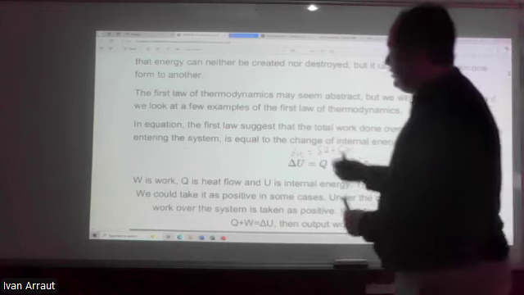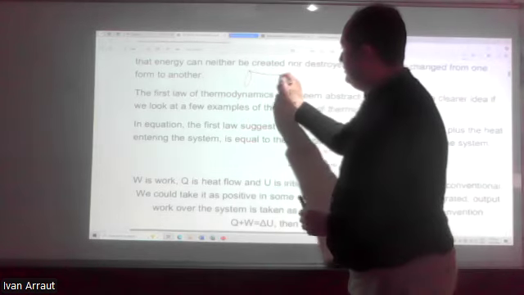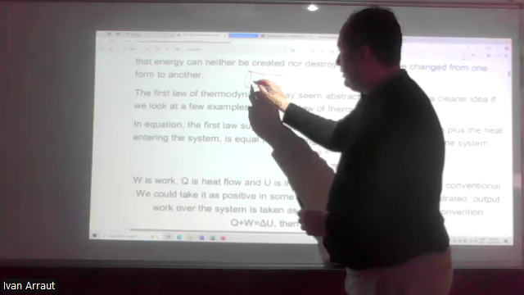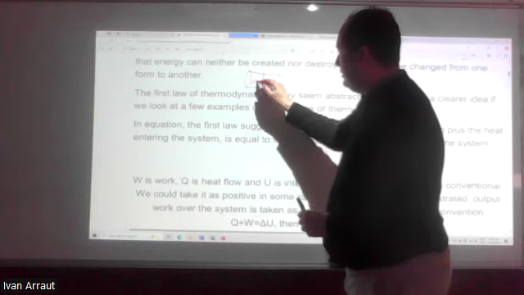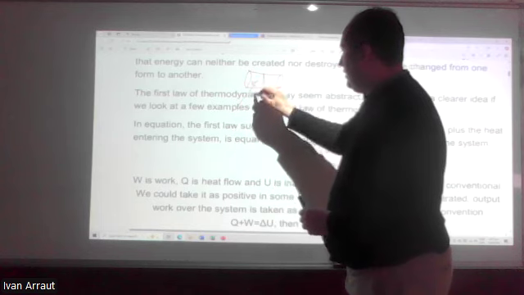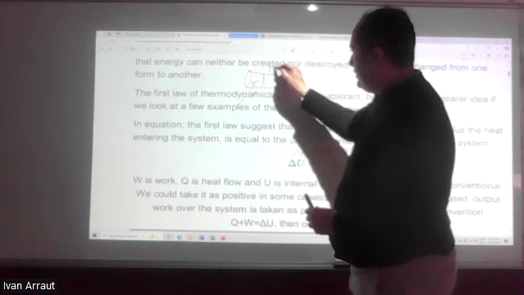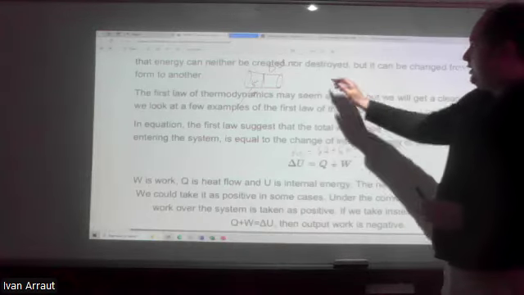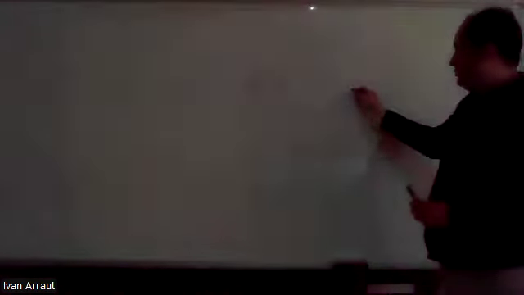If I have a piston here, let's assume I have a piston with some liquid, a particular liquid or gas, let's put a gas here. And I input some heat, there is a work, whatever, there is a change of internal energy.